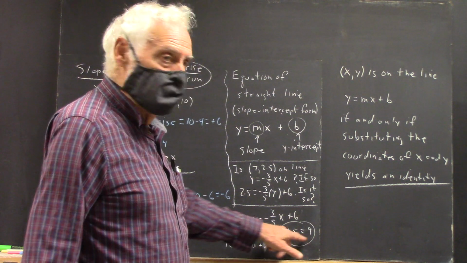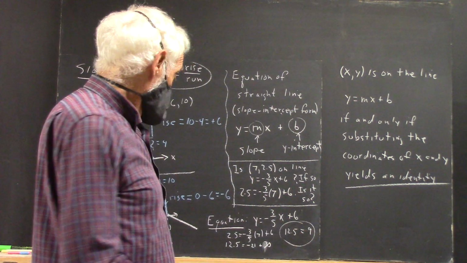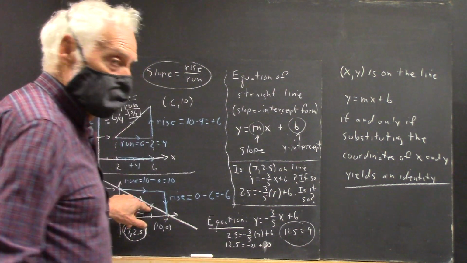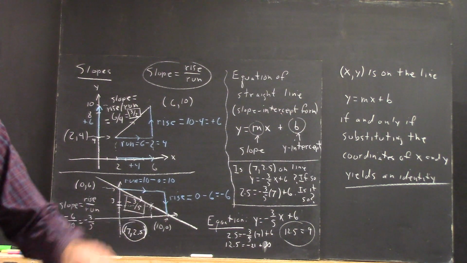If you get close to an identity, where both sides are the same, right? There's not much hope of accurately estimating that visually, okay? But you get close, and I think most of you did.